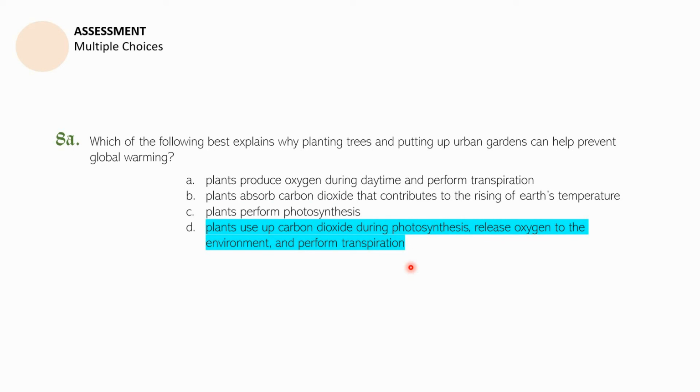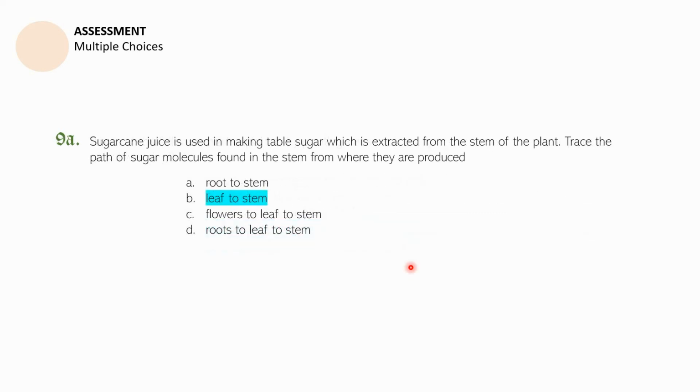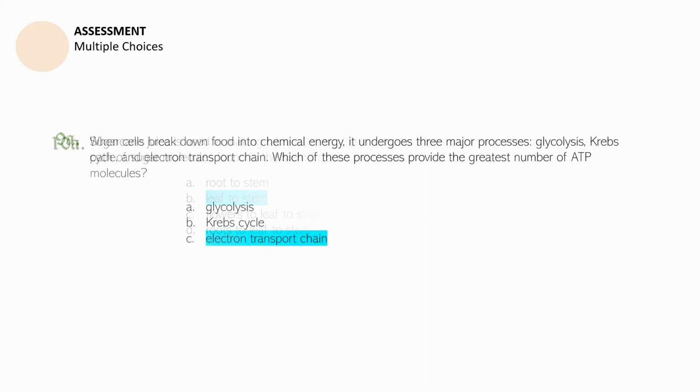Plants use up carbon dioxide during photosynthesis, release oxygen to the environment, and perform transpiration. Letter D. The answer to question number 9 is B. Leaf to stem. The answer to the last question is C. Electron transport chain.